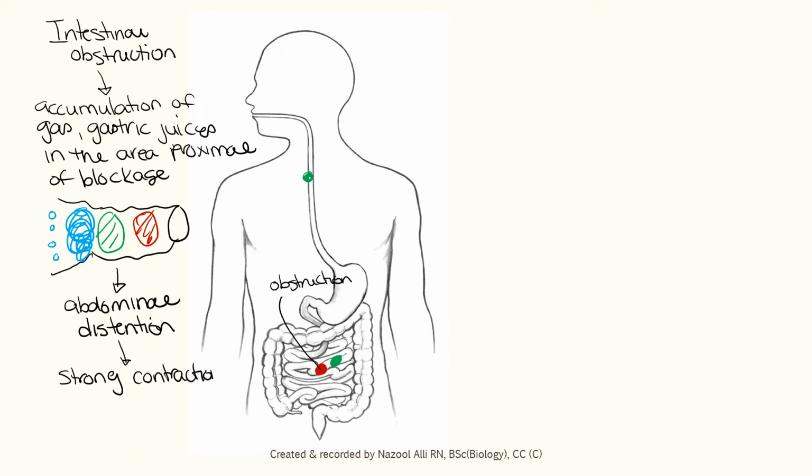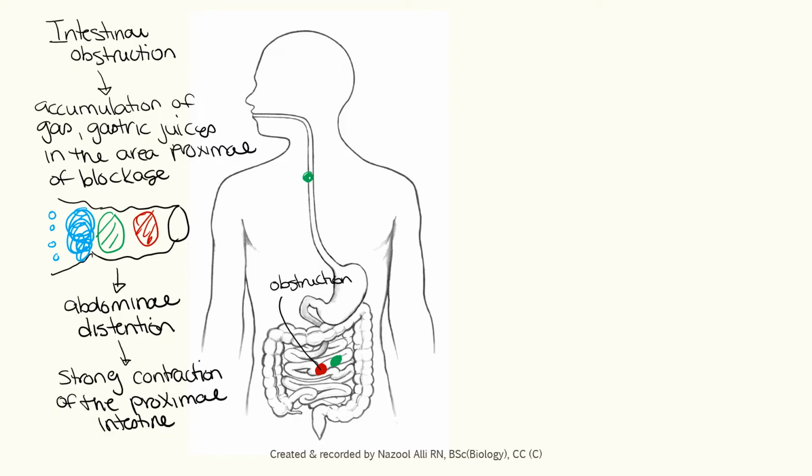So remember, we're referring here to a mechanical obstruction. So we're going to see strong contractions of the proximal intestine. And those contractions are again occurring because it's trying to push the content along.